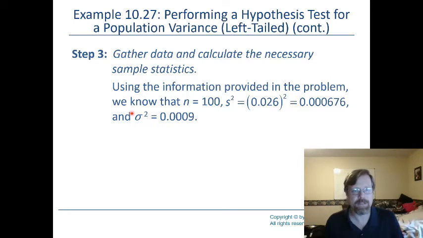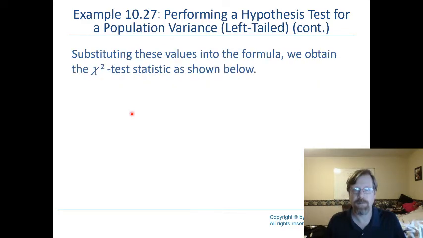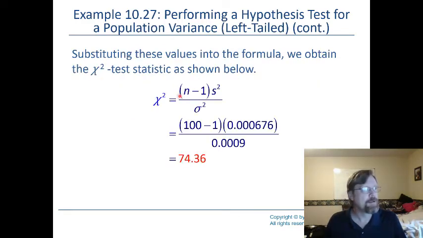If we substitute those into the formula, there's our sample size minus 1, sample variance, presumed population variance. Sample size was 100, sample variance was 0.000676, and presumed population variance was 0.0009. We get a chi-squared value of 74.36.